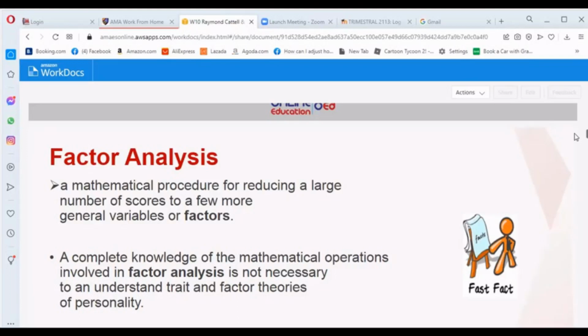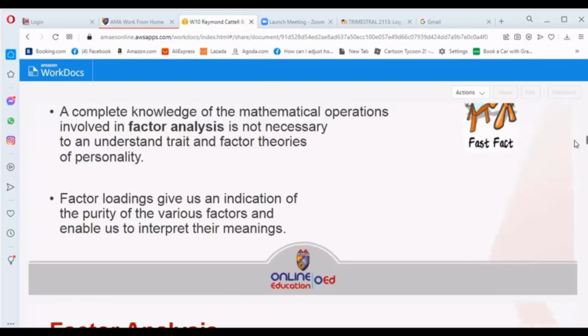A complete knowledge of the mathematical operations involved in factor analysis is not necessary to understand trait and factor theories of personality. Factor loading gives us an indication of the purity of the various factors and enables us to interpret their meanings.